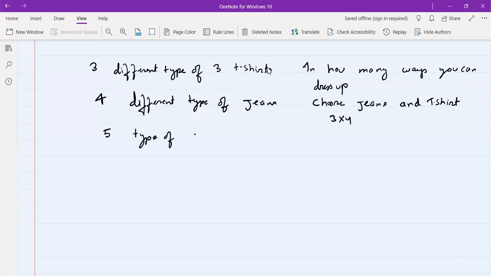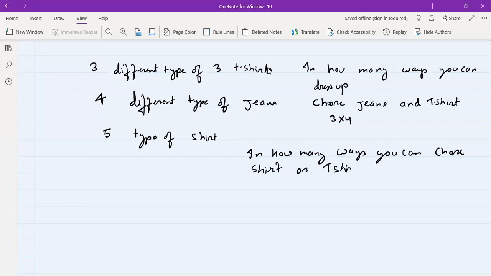Now tell me, in how many ways can you choose a shirt or t-shirt?